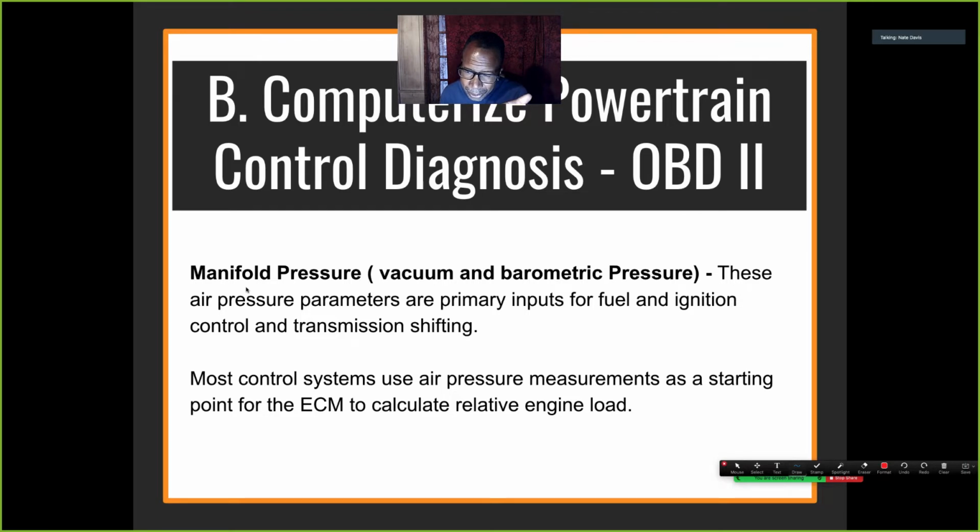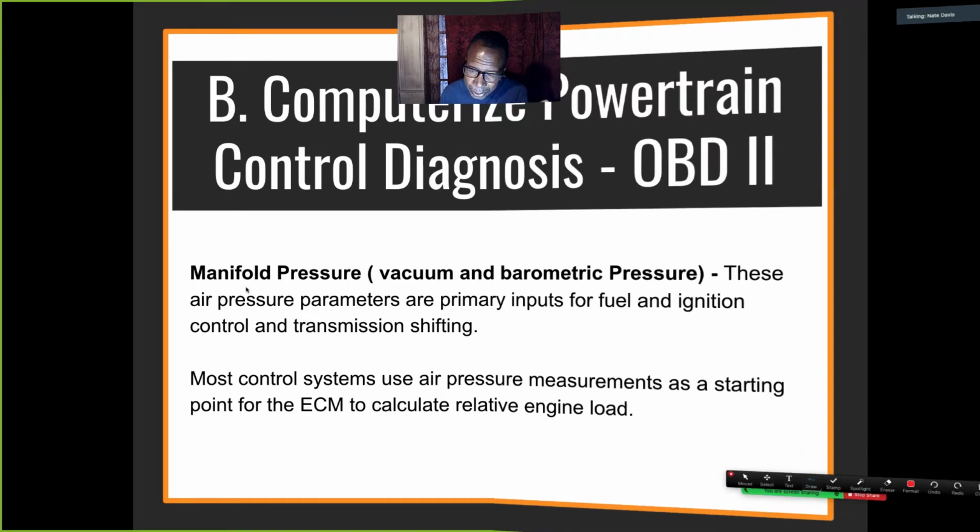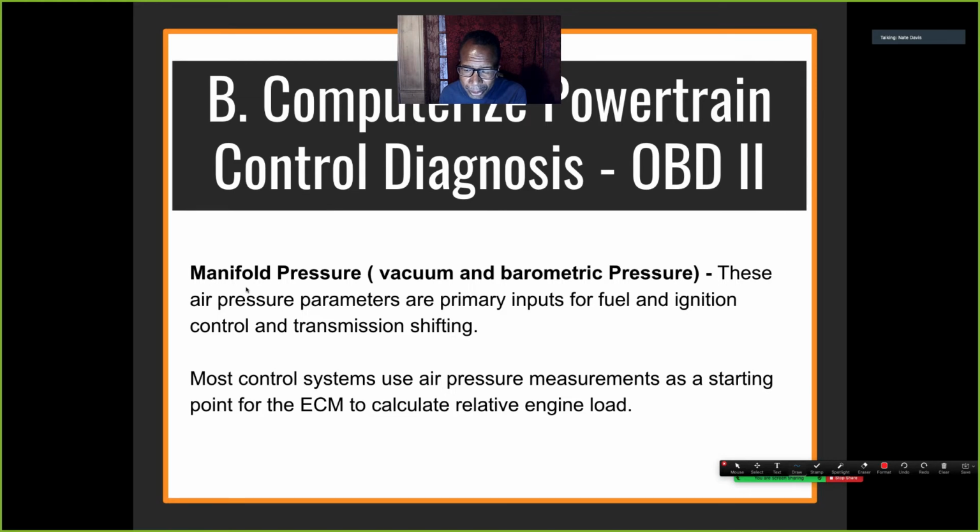The MAP sensor is used as a backup or for monitoring purposes. The mass airflow sensor is the input for the load. The MAP is a backup for the mass airflow. If the mass airflow goes out, they're going to use the readings from the MAP sensor in limp mode. Mass airflow is the load input signal.